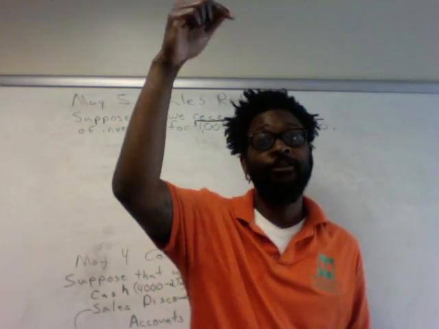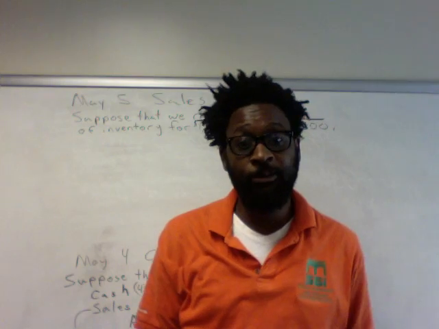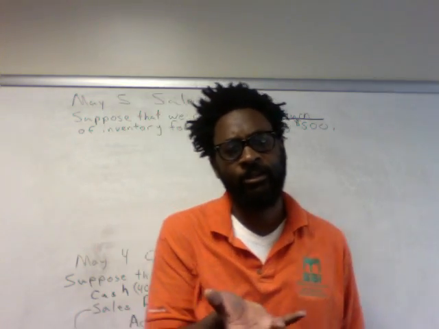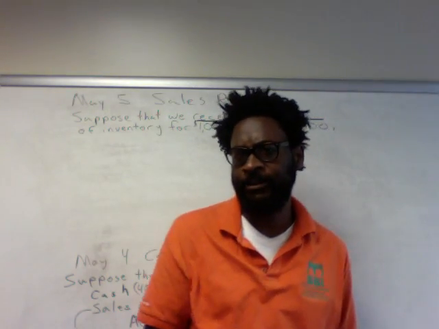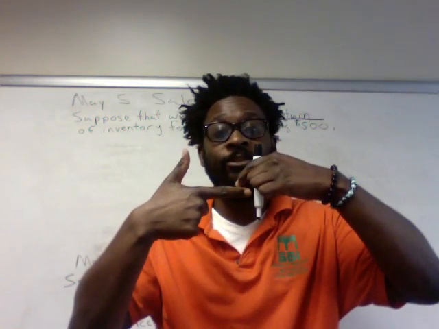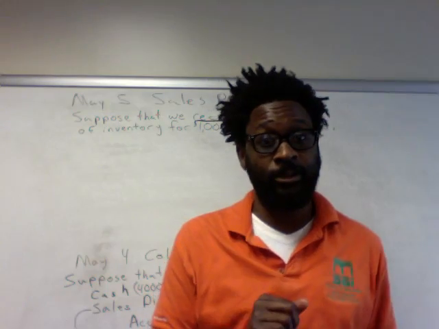Our sales revenue should decrease because we no longer sold a product. Our accounts receivable should also decrease because, again, we no longer sold a product. But what about inventory? Is something going to happen to inventory? Shouldn't it? Yeah, why? Because we physically have inventory now. And so inventory needs to do what? Go back on the books.